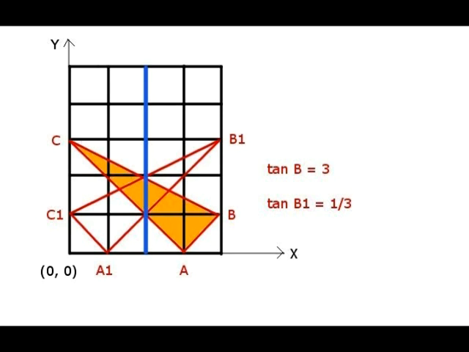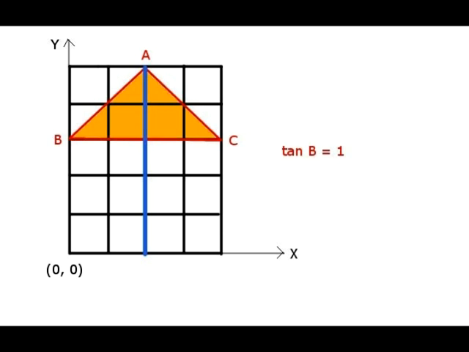If it's false, that is, the symmetric triangle does not have any vertex at the origin, then these two triangles have the values of tangent B reciprocal to each other and cancel each other in the multiplication. If the symmetrical triangle is the same as the first triangle, then this triangle is isosceles, and the value of its tangent B is equal to 1.